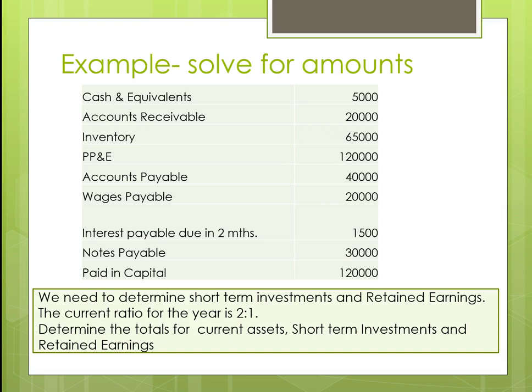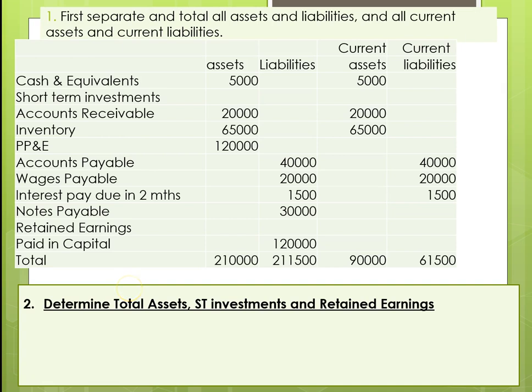So I'm going to show you how I would do this problem. First, I would segregate out all of my current assets and current liabilities and total those up. Now, we don't know what our short-term investments are, and we don't know what our retained earnings are.